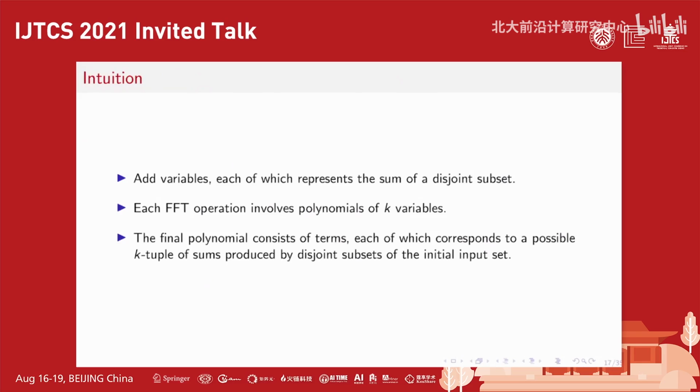The main intuition behind our algorithms is that we can actually add variables, each of which will represent the sum of one of the disjoint subsets.